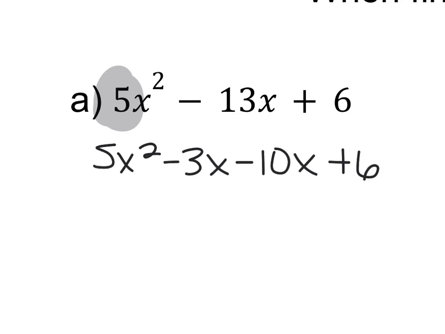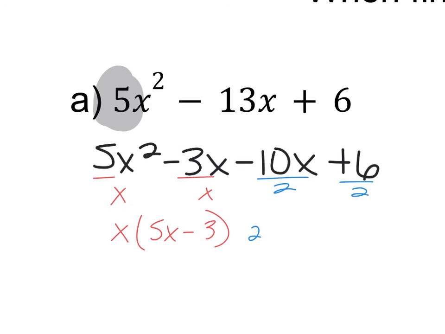Okay, so now let's do our factoring by grouping like we did in the first lesson. It looks like out of these first two, you can divide them just by an x, right? So this would be x times 5x minus 3. This one looks like we can take out a 2, so divide by 2, and this would be negative 5x plus 3.